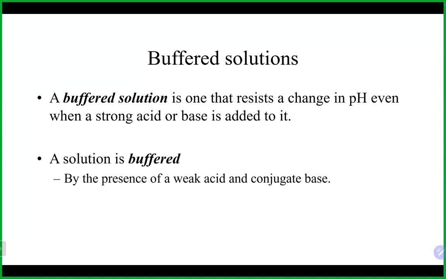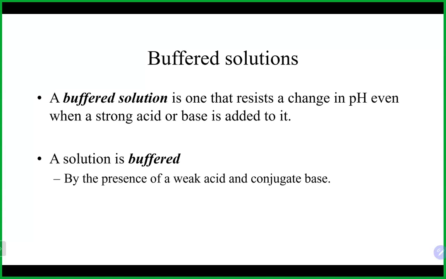Just like if you have that buffer that started at a pH of 4 and you added base to it, you would see the pH maintain around 4. Again, maybe it goes up a little bit, but it will not go from a pH of 4 all the way to a pH of 12 or anything like that. So a buffer is able to resist changes in pH.